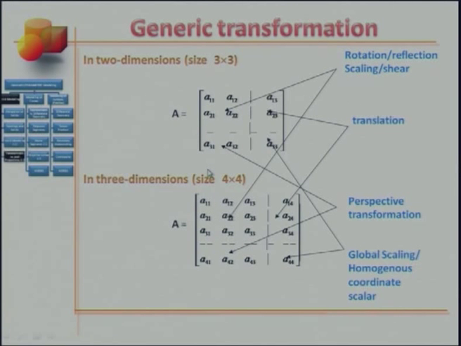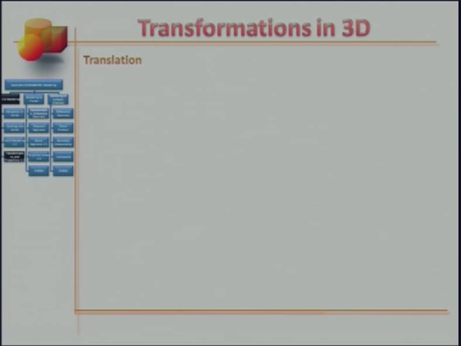In case of 3 dimensions, the 4 submatrices have identical meanings, just that their sizes are different. Let's study transformations formally in 3 dimensions. We first study translation.